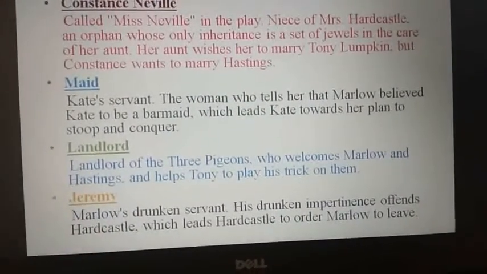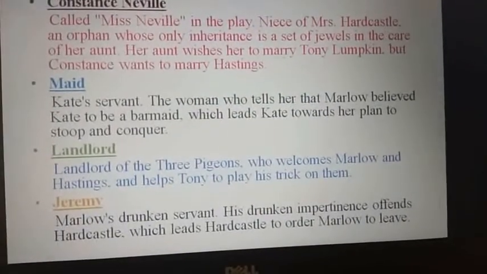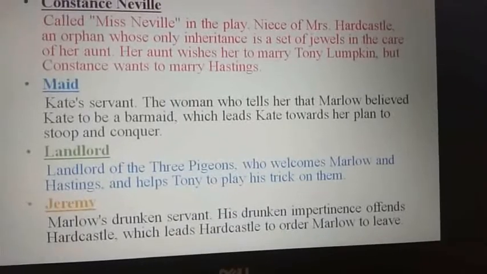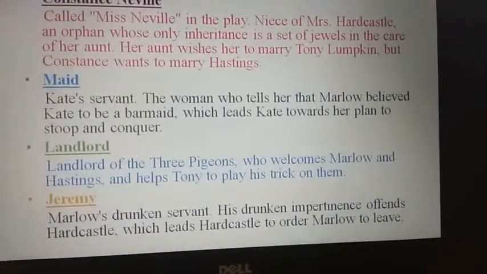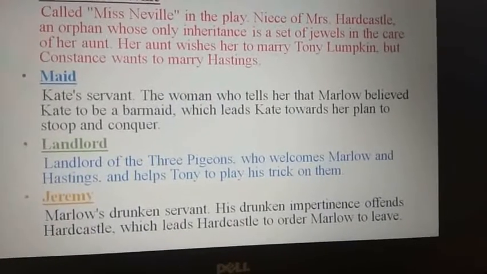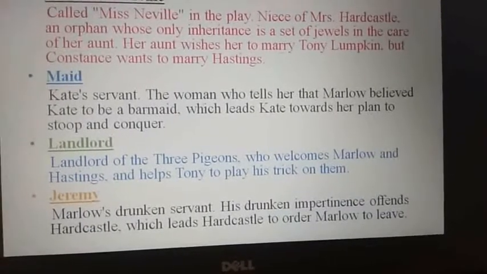Our next character is the Maid. This character plays a small role in this play. Kate's servant, the woman who tells her that Marlowe believed Kate to be a barmaid, which leads Kate towards a plan to stoop and conquer.